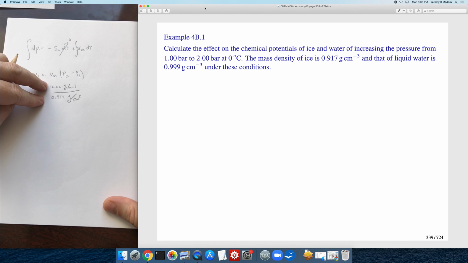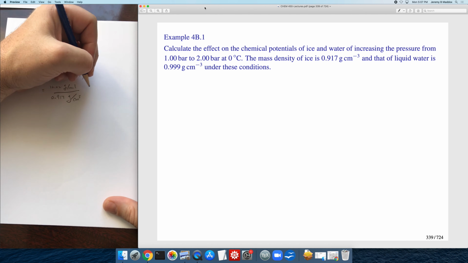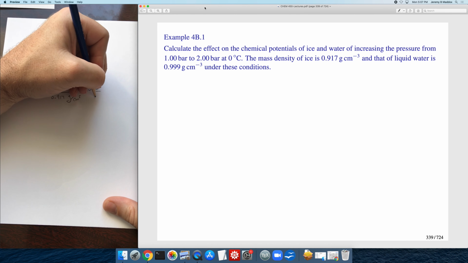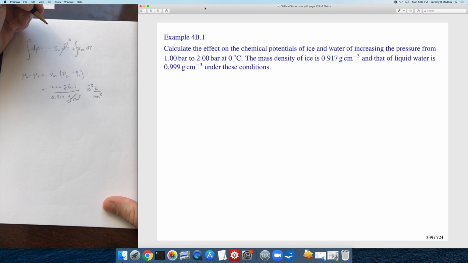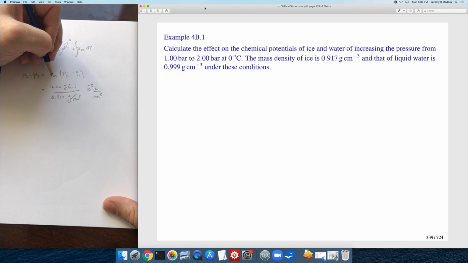This is going to give us cubic centimeters per mole, and that's molar volume. We want to convert that to probably liters, and so we'll do 10 to the minus 3 liters per cubic centimeter. That's going to be our molar volume.